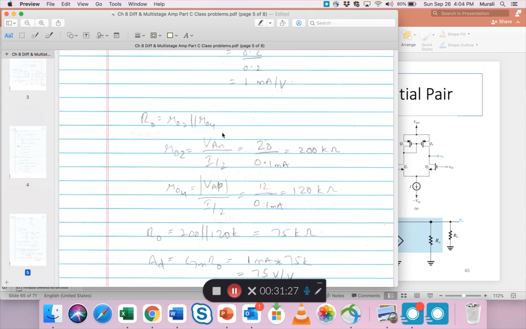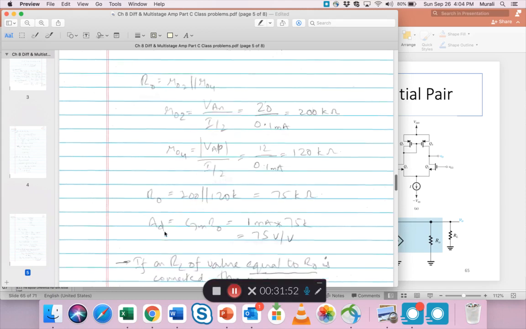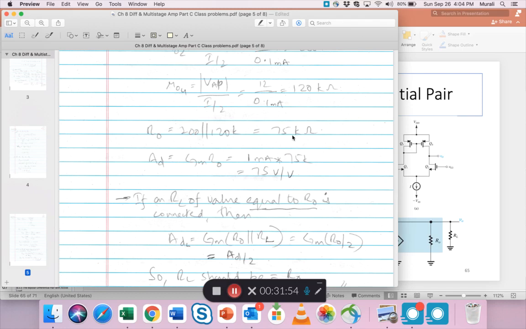Because normally we have just assumed RO2 is equal to RO4, but because he has given us different values of VAN and VAP, you need to watch out. I is the same, but VAN in the numerator is 20 here, VAP in the numerator is 12 here. So you get RO2 is 200K, RO4 is 120K, you take the parallel combination, you get 75K.